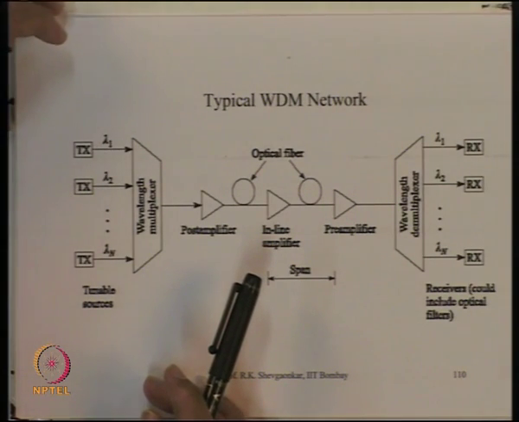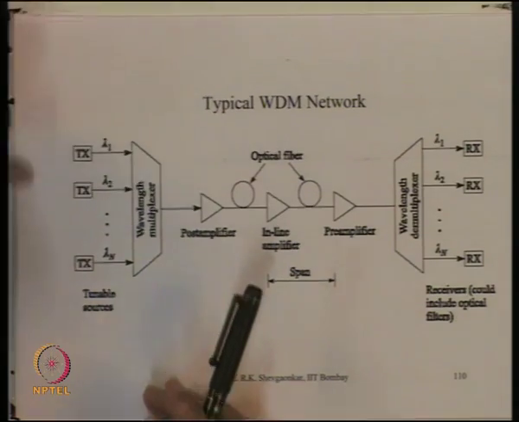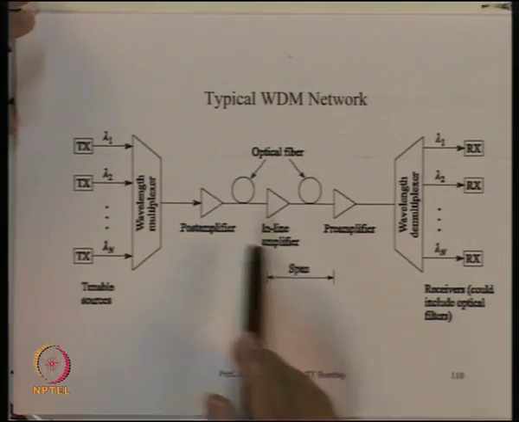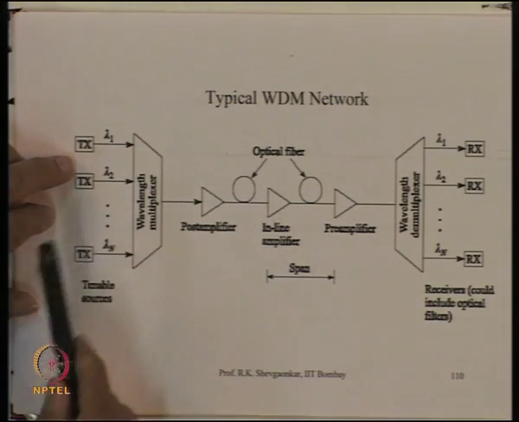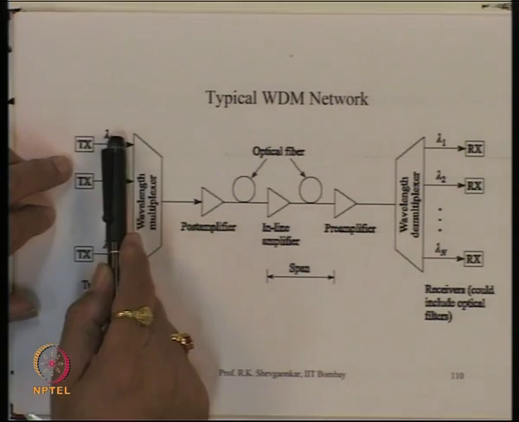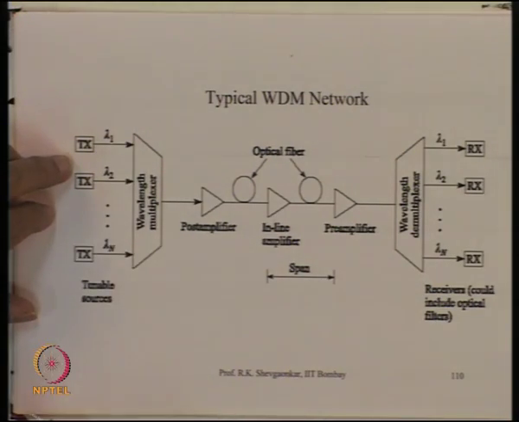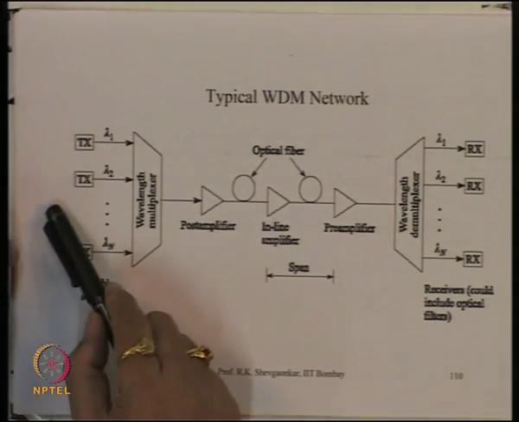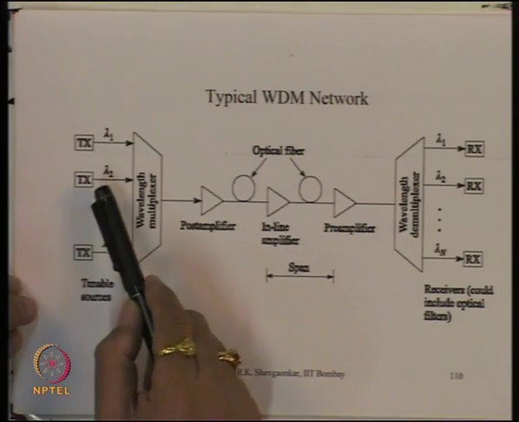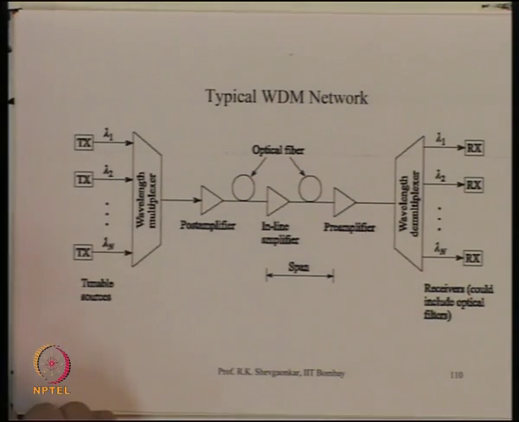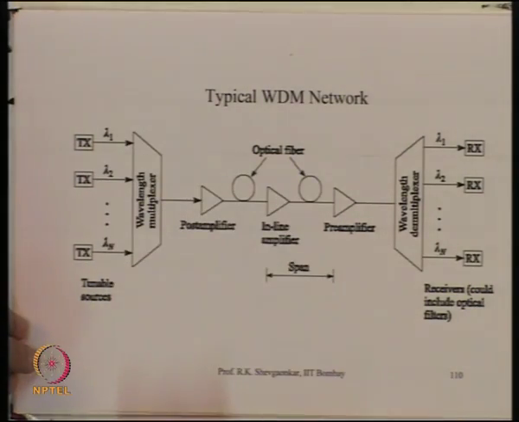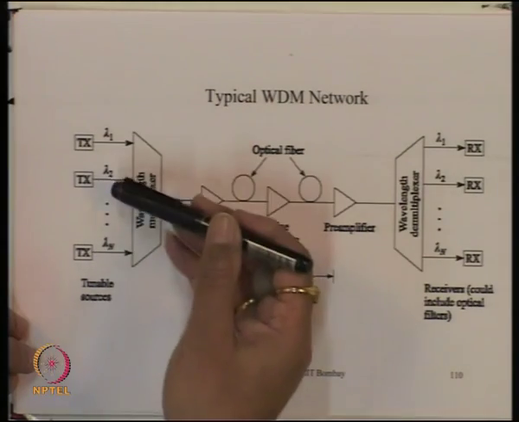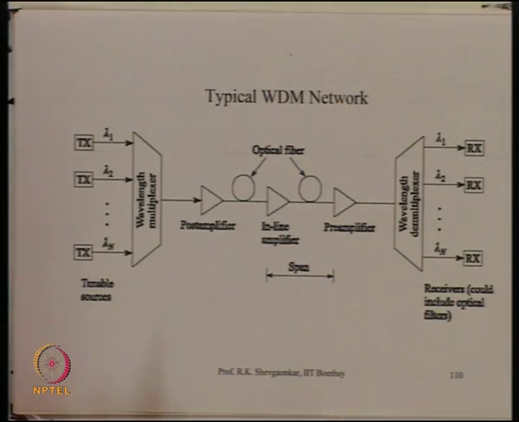That means the data multiplexed from various locations is multiplexed and brought to this point here. This data is now riding on wavelength lambda 1. Similarly, I can have time division multiplexed data which comes from here and modulates a source lambda 2. And like that, let us say there are n sources with different wavelengths, lambda 1, lambda 2, up to lambda n.